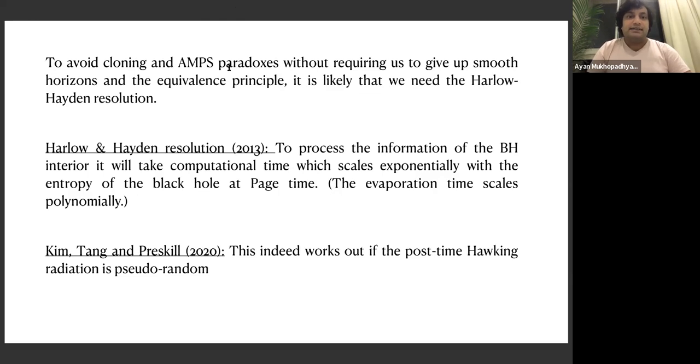Essentially the AMPS paradox shows there is some kind of tension between the various assumptions that go into black hole complementarity, including that we have a smooth horizon, we have the equivalence principle, and the evolution is unitary, and also these various quantum information identities involving subadditivity of entanglement entropy. All of the postulates of black hole complementarity cannot hold.